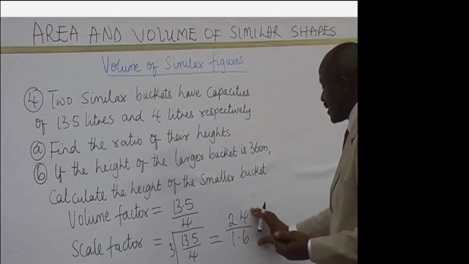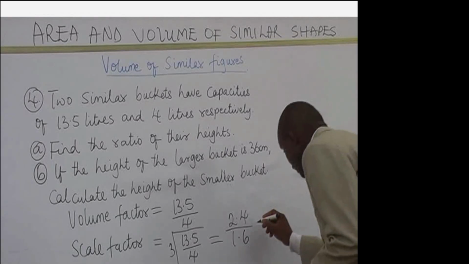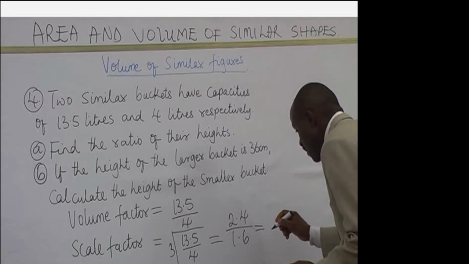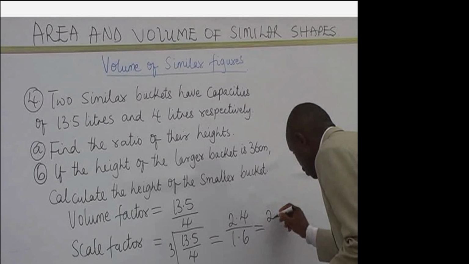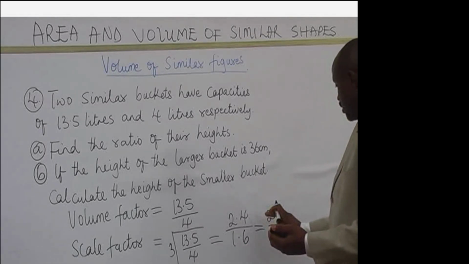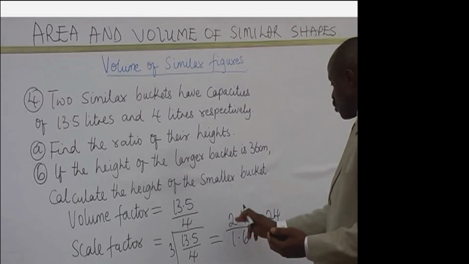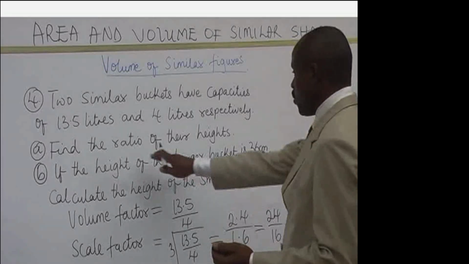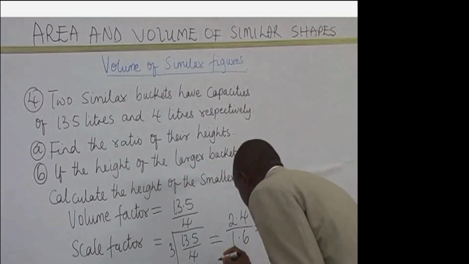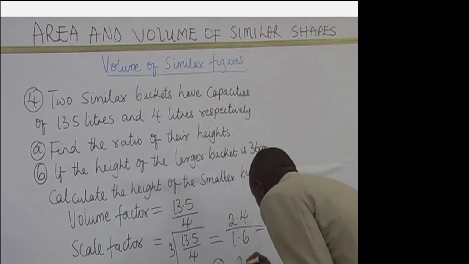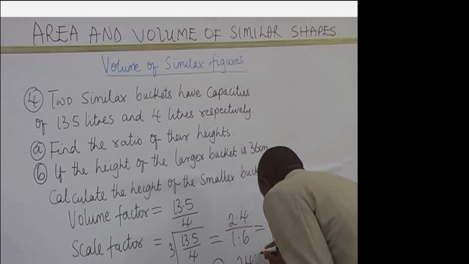To have this as a single fraction, multiply both of them by 10. 2.4 multiplied by 10 will give you 24. This one will give you 16. 24 all over 16 is the same thing as 2.4 all over 1.6. So the ratio now, which question number A is asking for, let me write number A, is 24 is to 16.